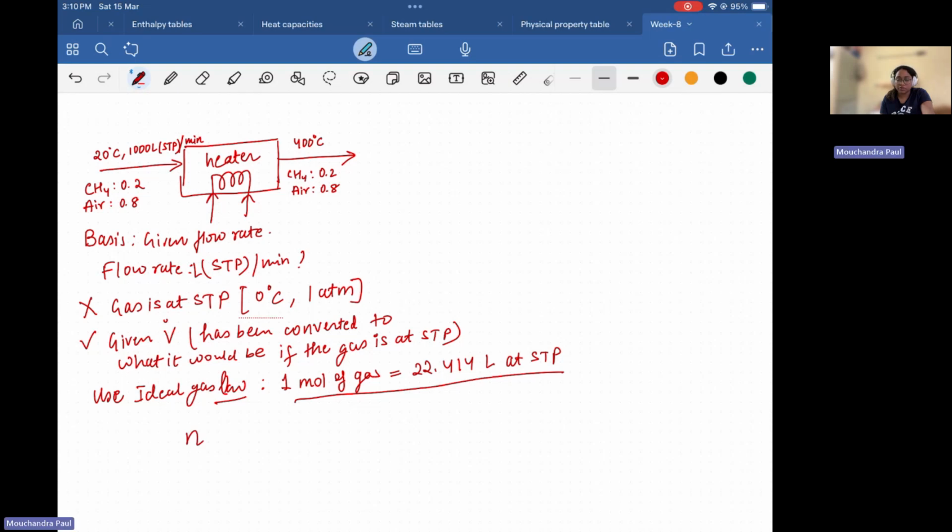So here we will convert it to molar flow rate, mole per minute. We are given volumetric flow rate, we have to convert to molar flow rate. That will be 1000 liter STP per minute, with 1 mole of gas occupying 22.414 liter STP.